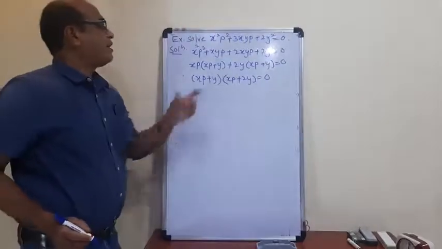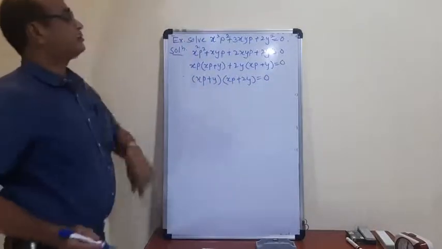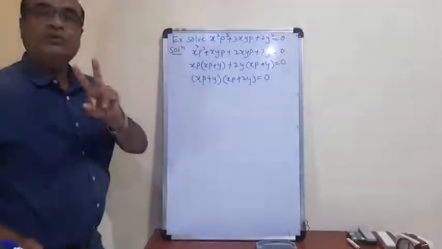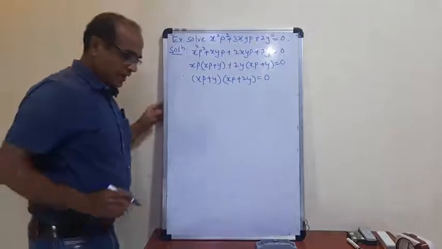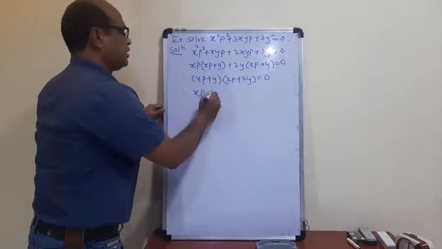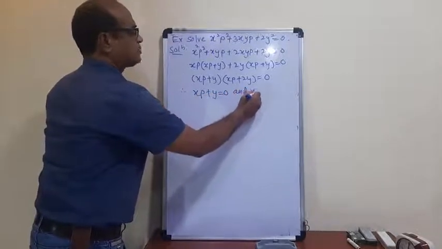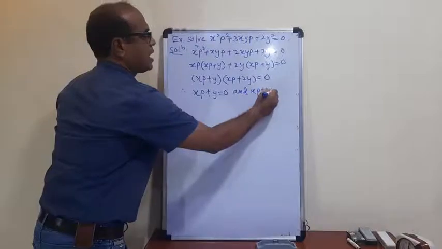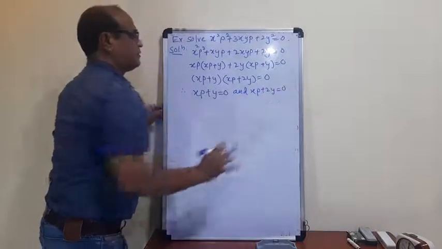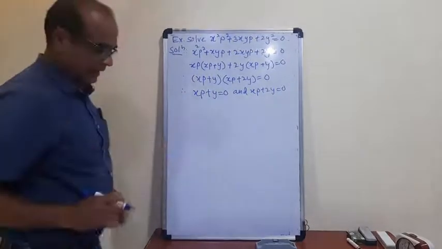So we can factorize this equation in this form. Two factors are formed because the degree is 2. Therefore xp plus y is equal to 0 and xp plus 2y is equal to 0. We solve these equations separately.